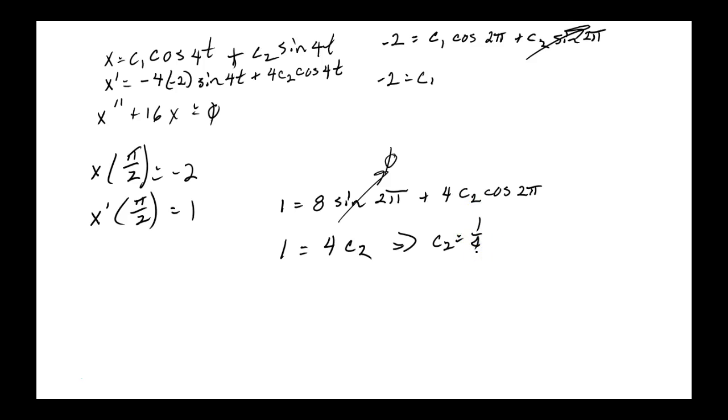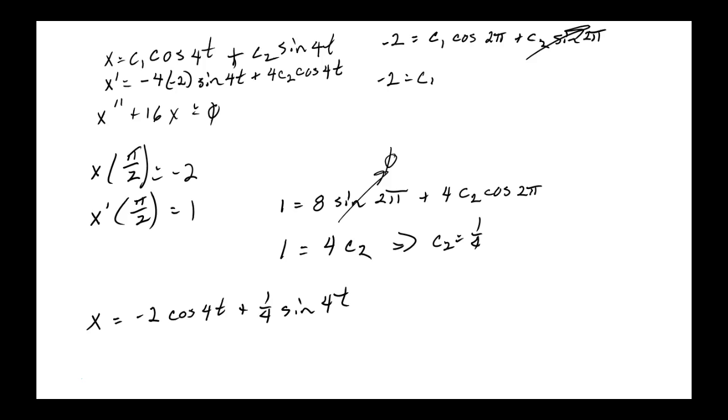So now your solution is x is equal to -2 cosine 4t plus 1/4 sine 4t.